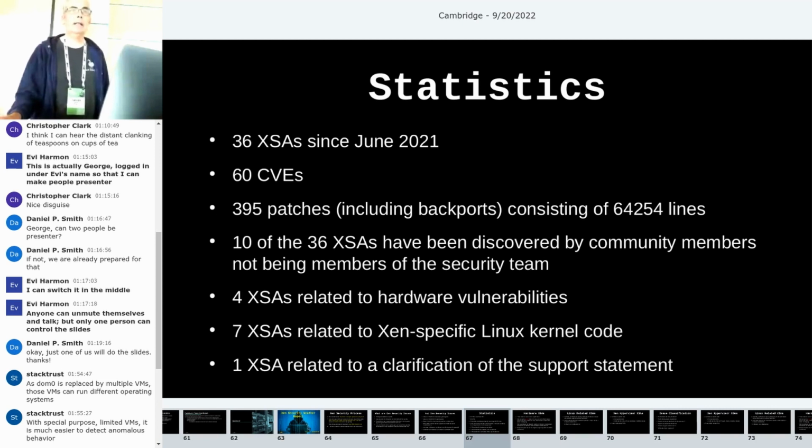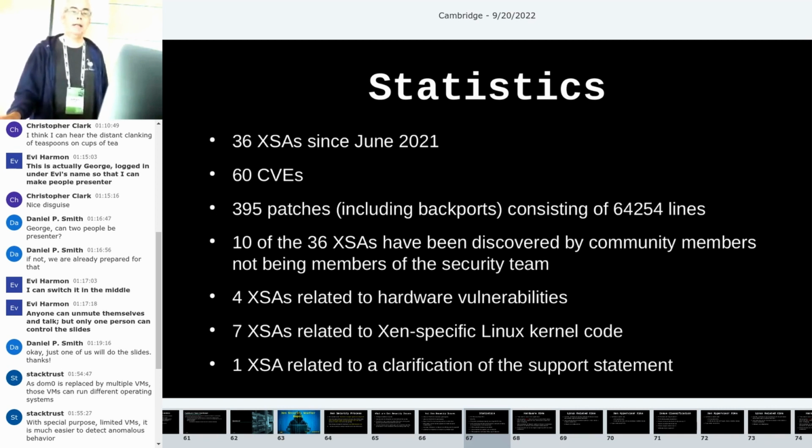For FreeBSD, NetBSD, or the PV Windows drivers, those are basically covered, but mostly the security support is in those projects. But we will negotiate with the product owners of those components how the XSA should be handled, when we can disclose the vulnerability, and whether they want to do anything or not.